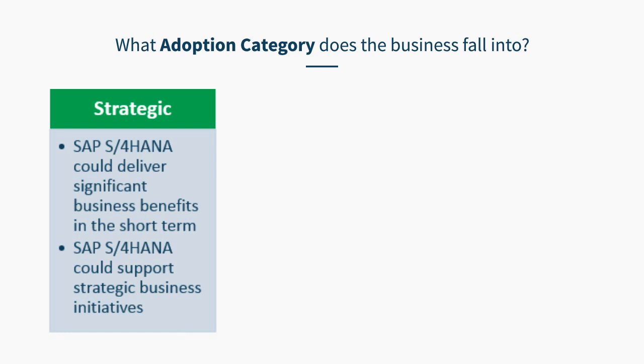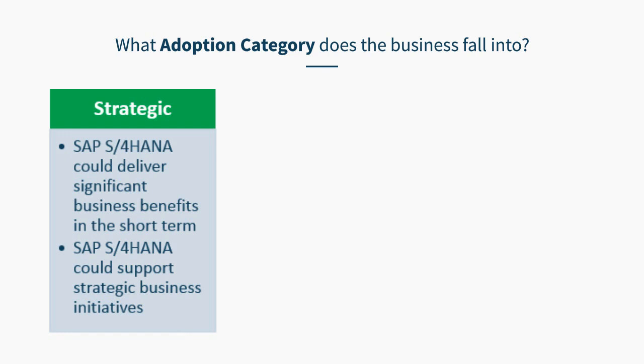And SAP S/4HANA could support strategic business initiatives in your organization just based on the functionality and the capabilities that come with that. So we put you in a bucket as being strategic in that sense.